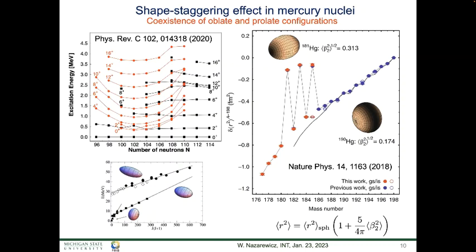Those mercury isotopes here are oblate deformed. They are weakly deformed, but oblate deformed. As you go to neutron-deficient mercury isotopes here, you can see that there's a dramatic staggering between charge radii, which can be explained through nuclear deformation, because we know that the root mean square radius of a deformed density distribution is larger than spherical, and in the leading order, this would be related to quadrupole shape, okay?